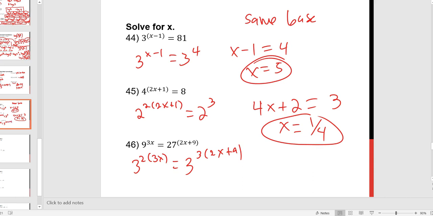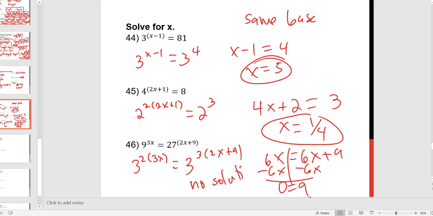Power rule here: 2 and 3x, how about 6x is equal to 6x plus 9. Moving the 6x, we get 0 equals 9. That means this problem has no solution.